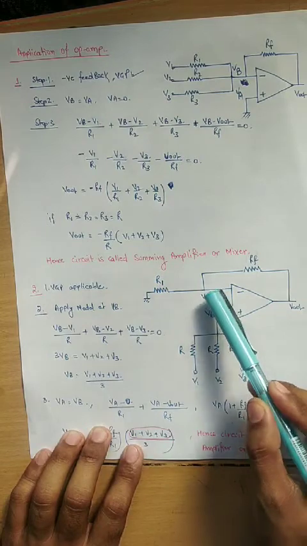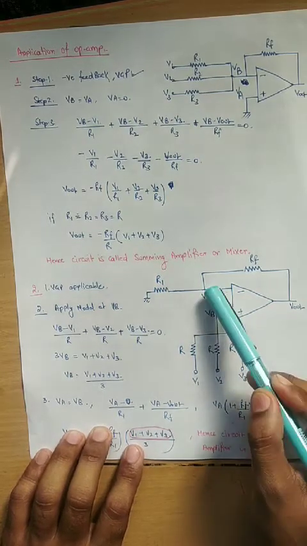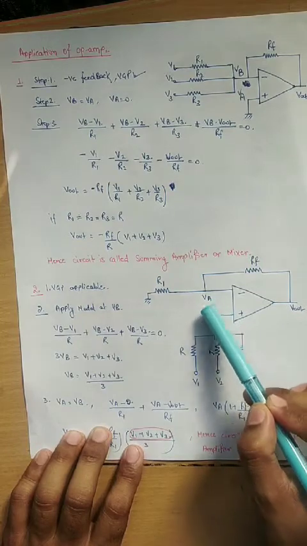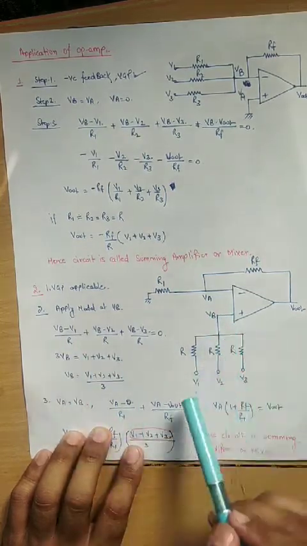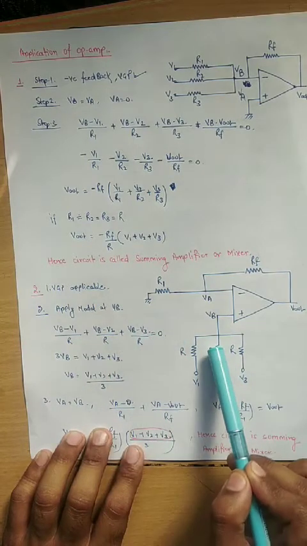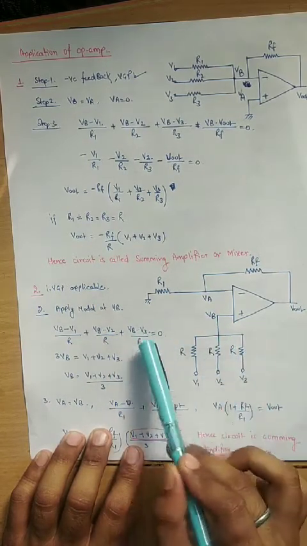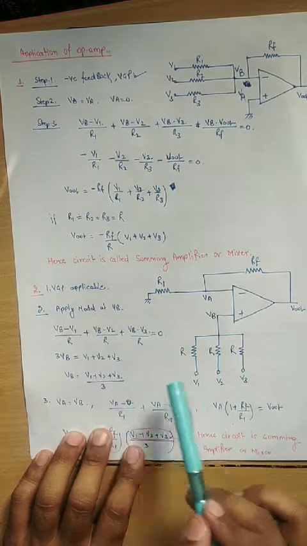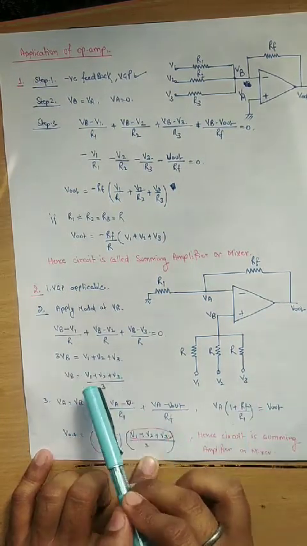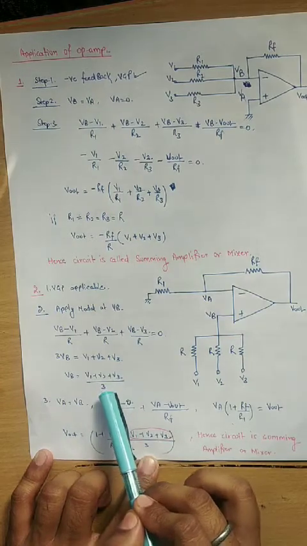It means VB equals VA. Now we have to find out what VB is. So apply nodal at VB first. So (VB minus V1) by R, (VB minus V2) by R, (VB minus V3) by R. So 3VB equals V1 plus V2 plus V3. So VB equals (V1 plus V2 plus V3) by 3.